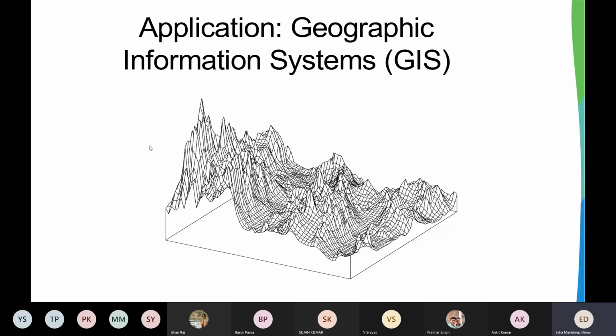Let's say, for example, you take a forest. For a forest, you know how much the vegetation density is at a place, and various other things. If you want to know about a specific plant, you know how much it grows at some place. So computational geometry is also used in geographic information systems.